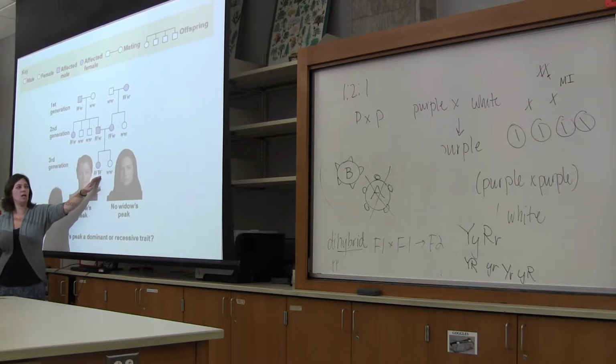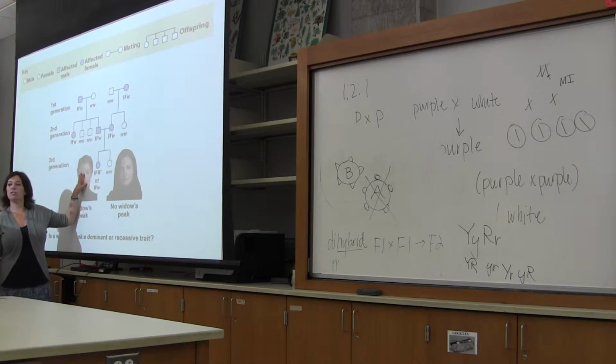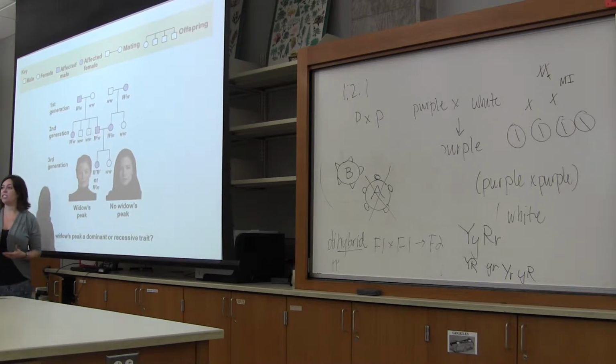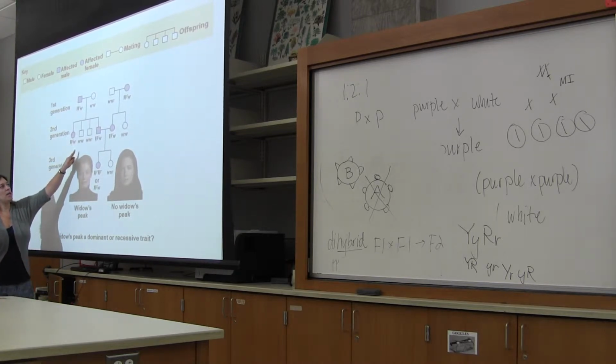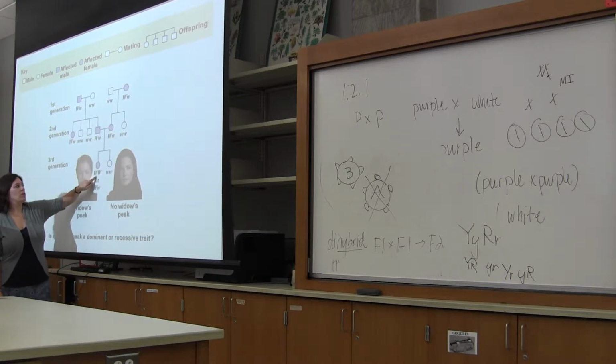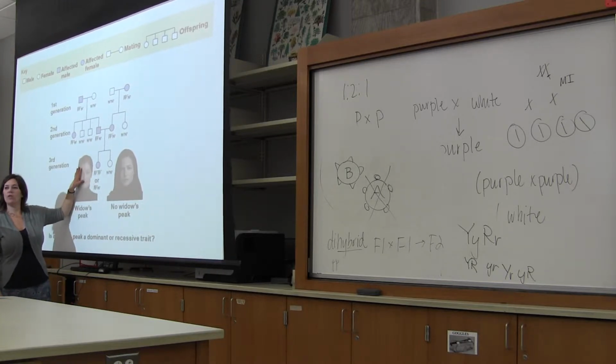She could be homozygous dominant, or she could be homozygous recessive. Now, if she was little w and had widow's peak, that would tell you that it's a recessive trait. But this is actually going to be a dominant trait, because you can see that you only need 1 copy of that dominant allele in order to show the phenotype.